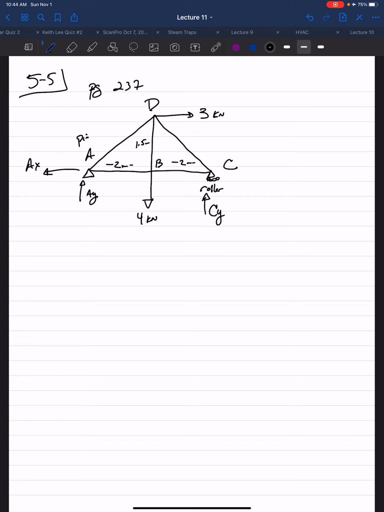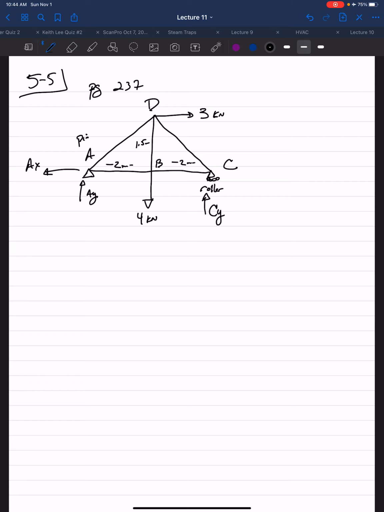So we have 3 unknowns, 1 known. Remember our rule, at most 2 unknowns with 1 known. At joint D, we have the 1 known, 3 kilonewton, but 3 unknowns, AD, BD, DC. And at C, we have 3 unknowns, the roller CY and the members CD and BC.